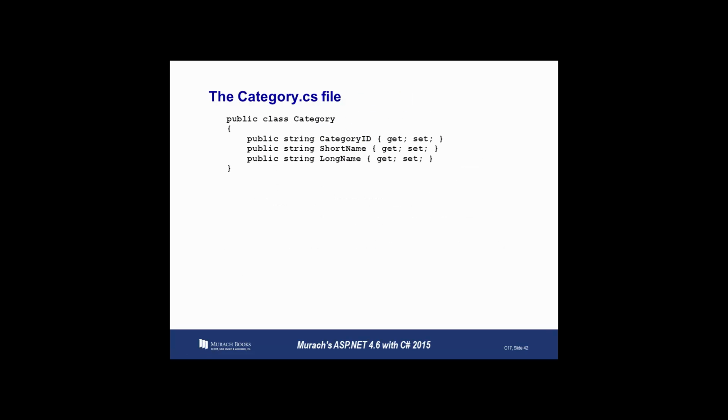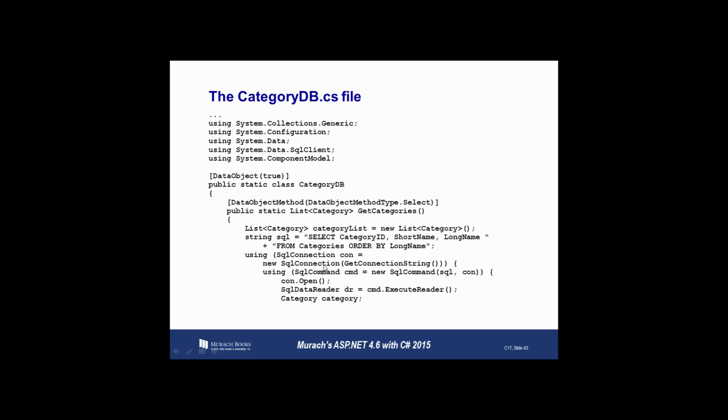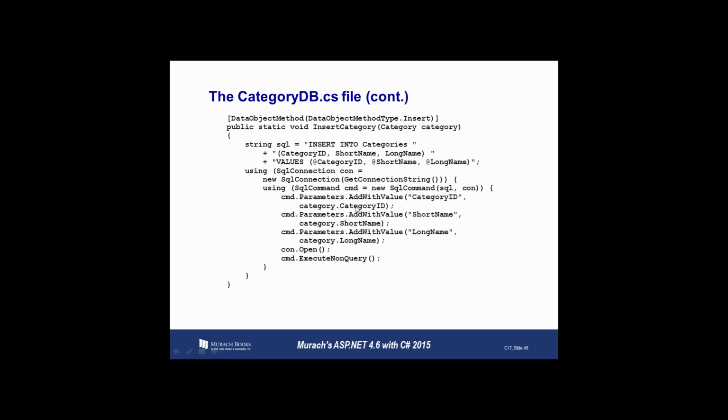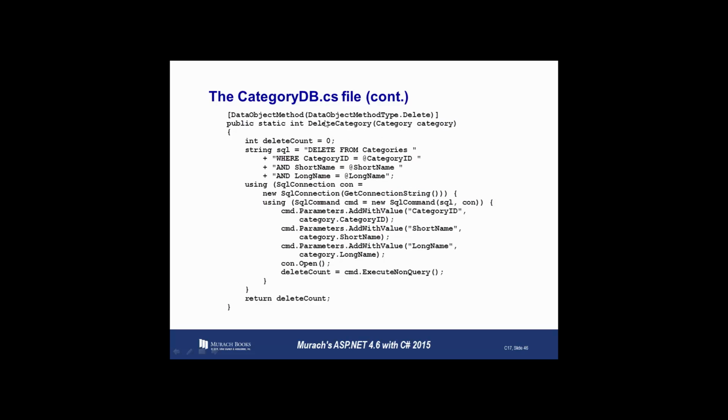That's our category class. We did that. Here's our DB file. Wrote a lot of this code. You notice, for example, my delete, right? So we just did delete recently. Notice how their parameters wanted to make sure you're only deleting the category ID where the category ID matches, the short name matches, and the long name matches.